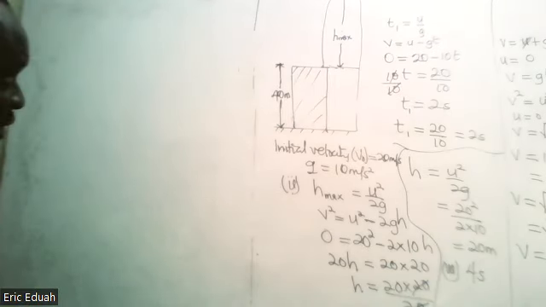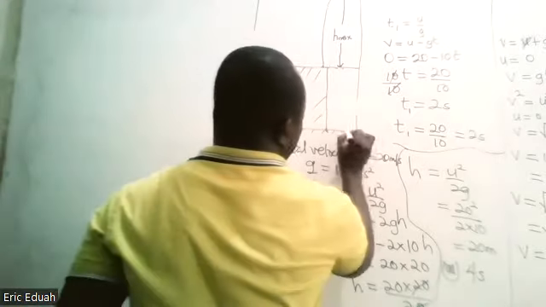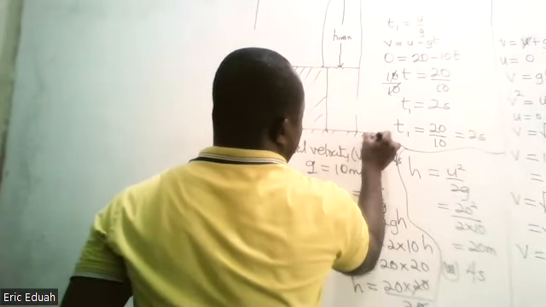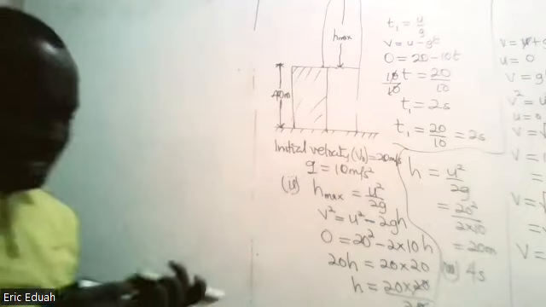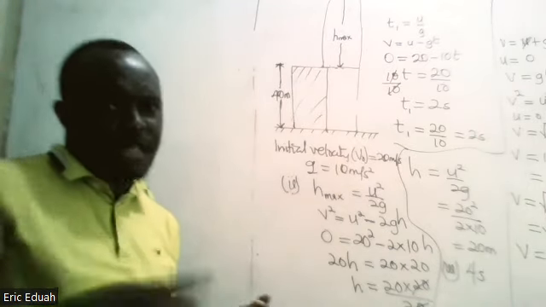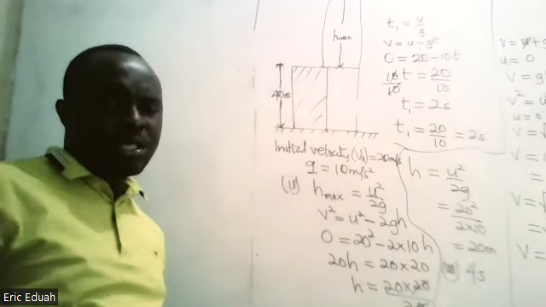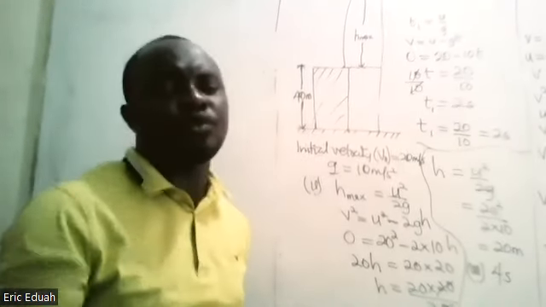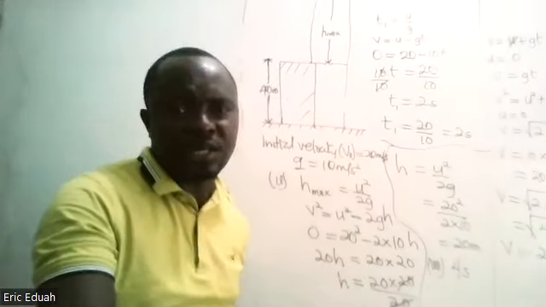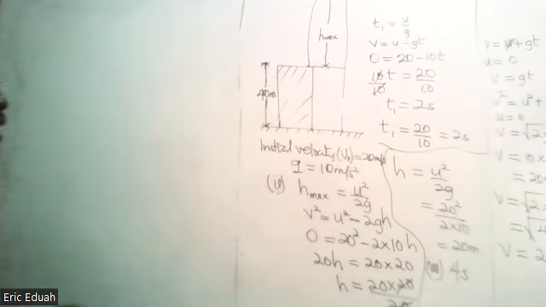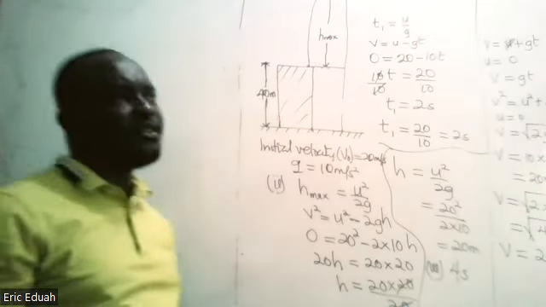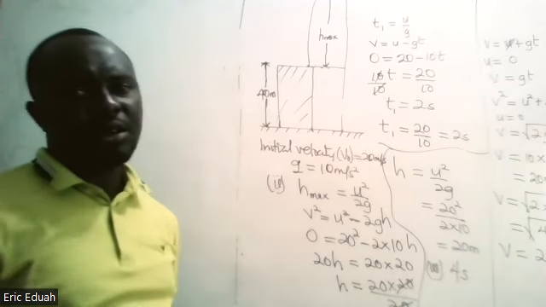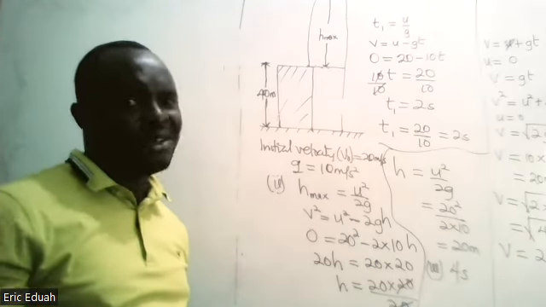Here there is this further explanation, just before, because the moment the ball hits the ground, the body has come to a stop and its final velocity is 0. So we are looking for the velocity a few seconds before it hits the ground.